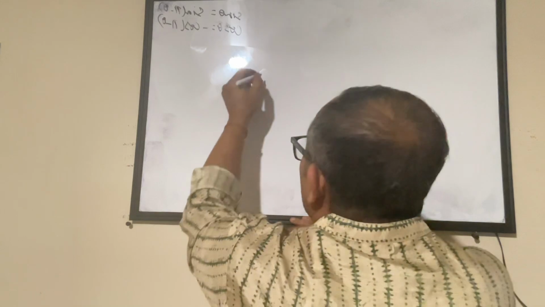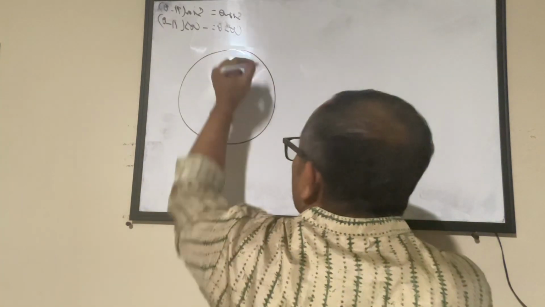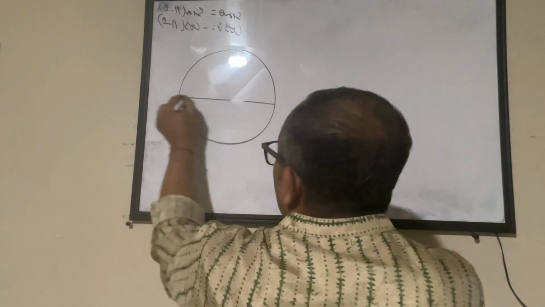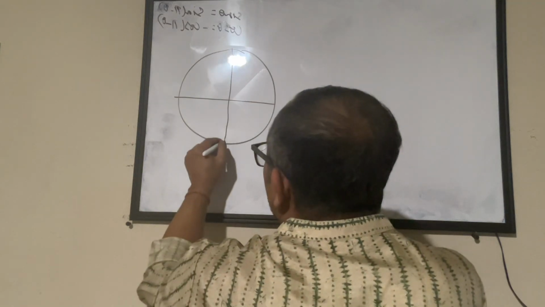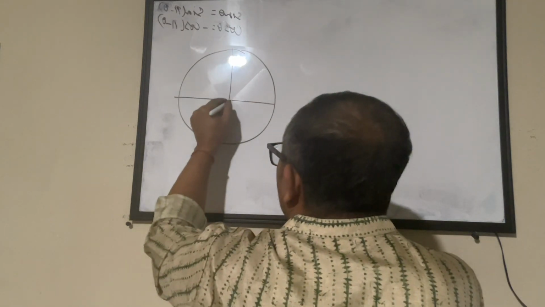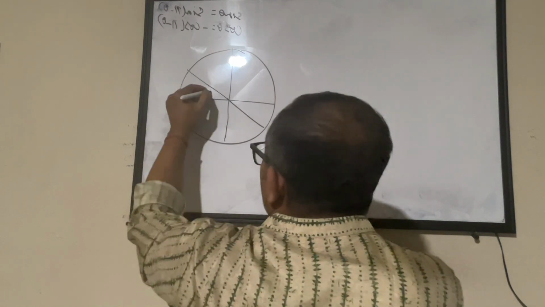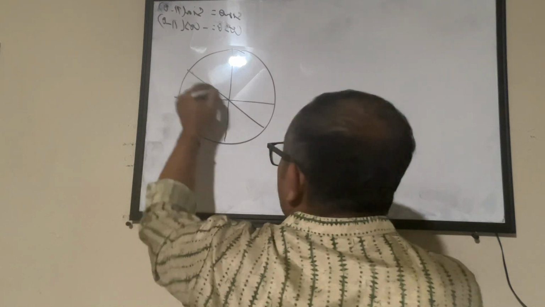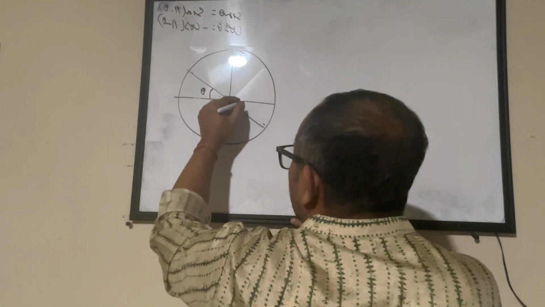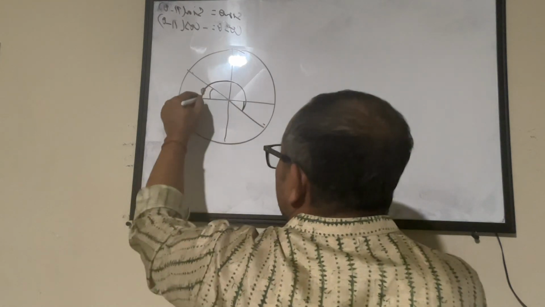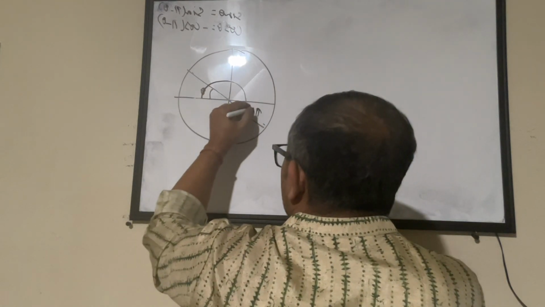Now, let's look at the other side of the story. Meaning, when we go beyond pi, this was my theta, and when we extended this line from here to here, this became pi plus theta.